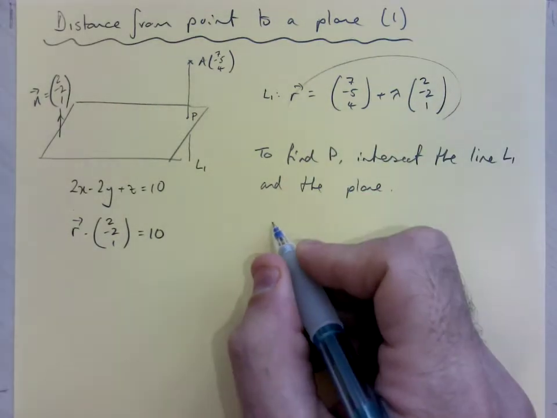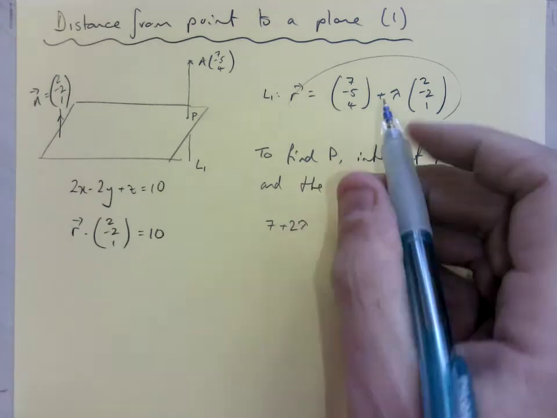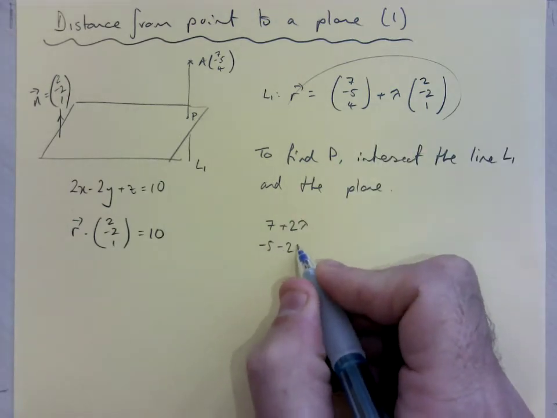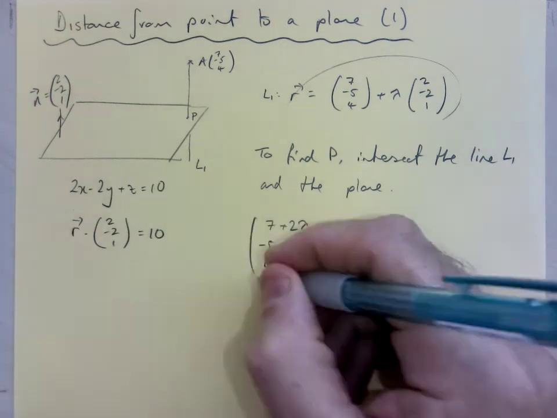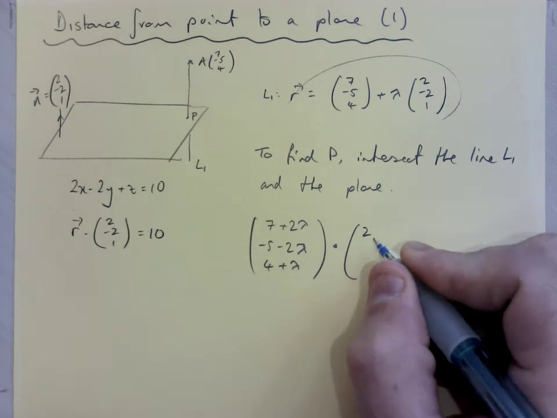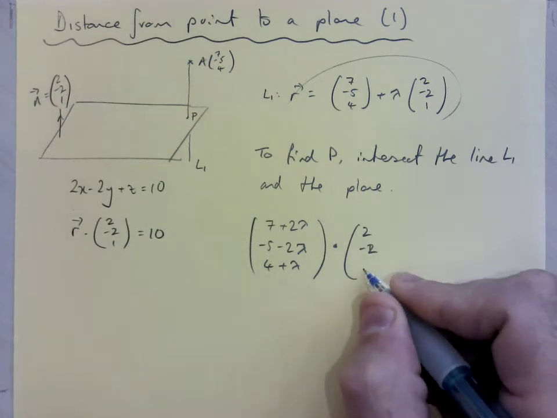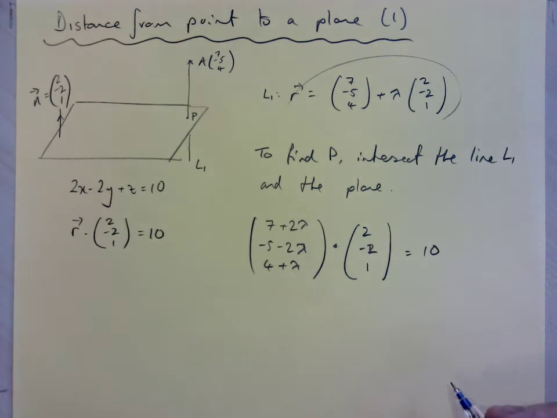So I'm going to have (7 + 2λ, -5 - 2λ, 4 + λ). That's the r. I'm going to dot that with the normal vector, (2, -2, 1), and to intersect that plane, that needs to equal 10.